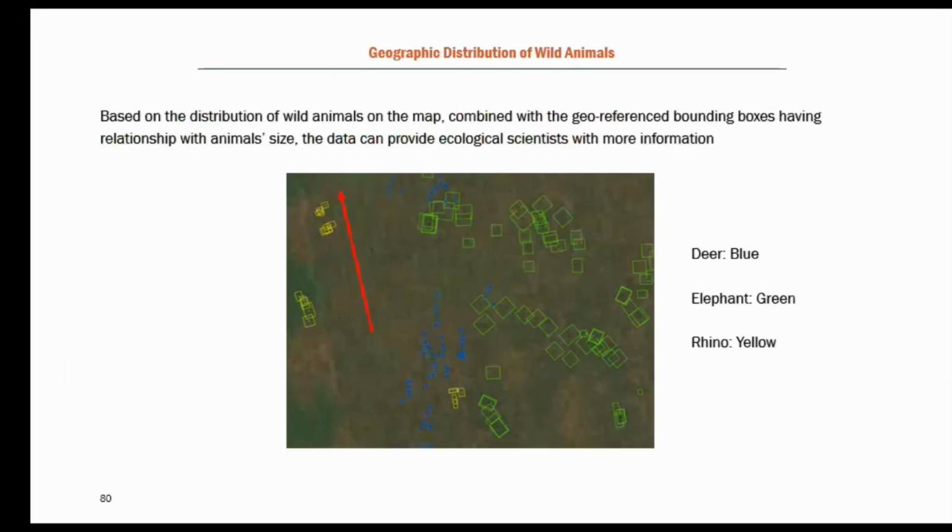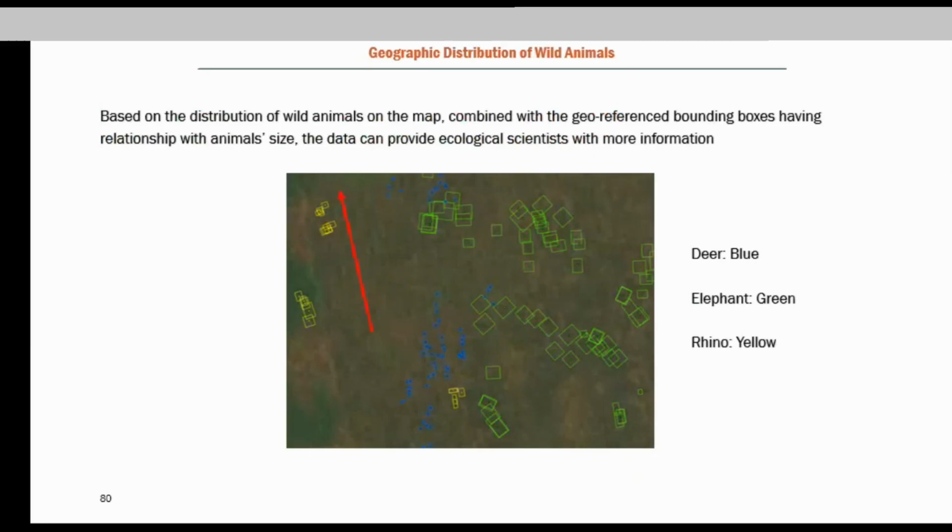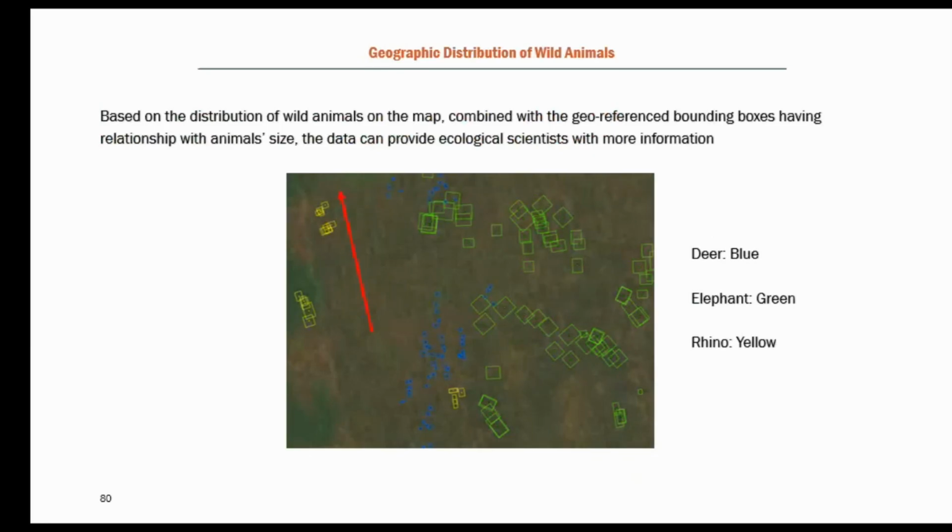And in this slide, I show that by adding georeferenced bounding boxes that are linked to the real size of the detected animals on the map, the new map will become more informative. For example, based on the size estimation, animals' age and health conditions can be inferred by ecology scientists.